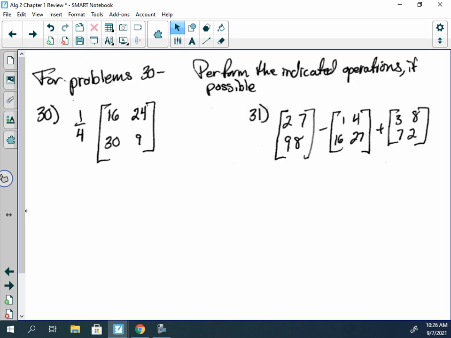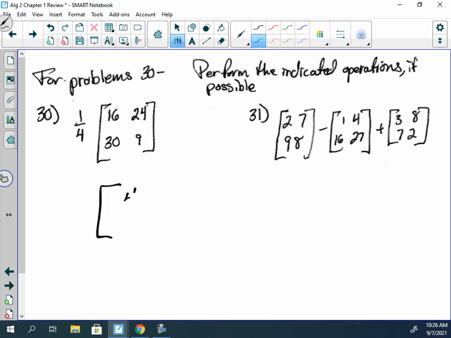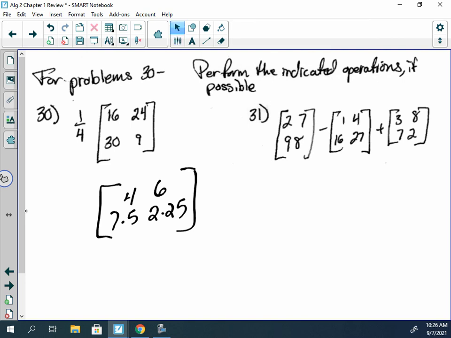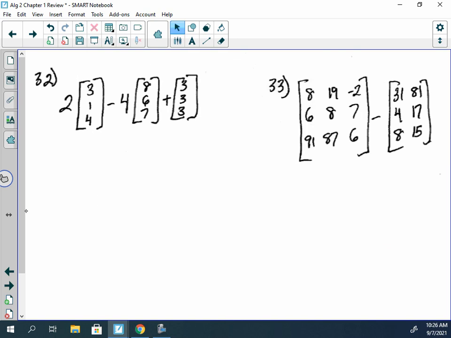Because 30, we're just multiplying each element by 1/4, which would give us 4, 6. And that's it. Here we would just combine the like elements by addition or subtraction. Questions on these two here?